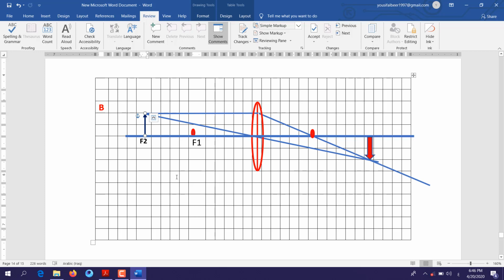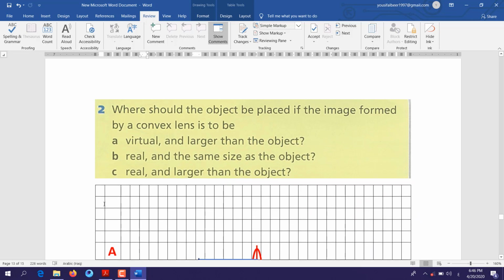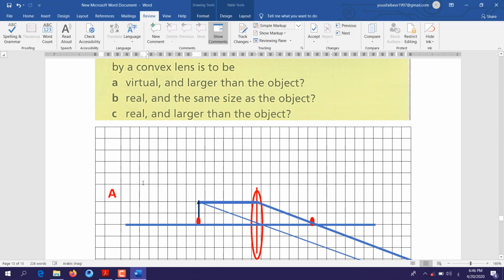Now try it by yourself. The image should be real and larger than the object, so you need to focus on the words. Real, what does that mean? It should be beyond the principal focus, so it will not be in any of these positions, no, it will be at these positions.